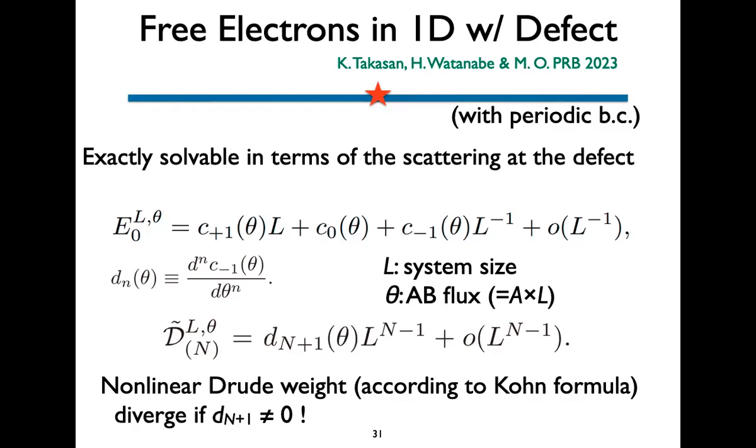This is just an order 1 factor, so this is finite. But if you consider higher order Kohn Drude weight, you have this factor of L to some positive power. And this is just a source of divergence. So in this sense, if there is some dependence of this coefficient on Aharonov flux, generically we can expect the divergence.